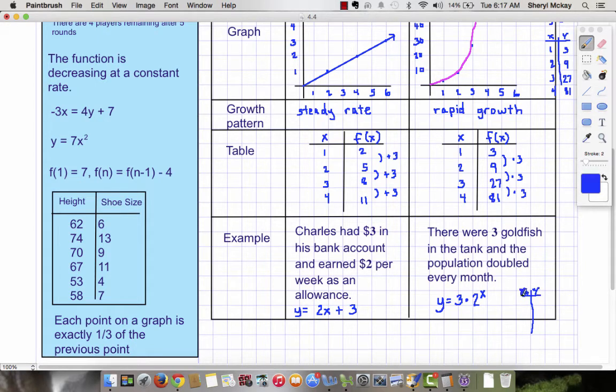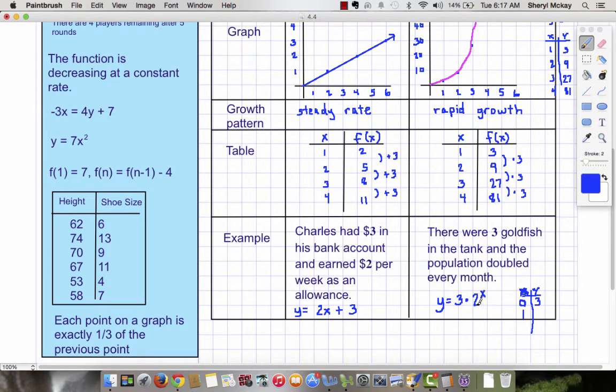That was an x. So on the first month, he had 3. Actually, we could even start on the 0 month. When he first started, he had 3. Okay, 2 to the 0 power is 1. 3 times 1 is 3. After the first month, he had 3 times 2 to the 1 power.